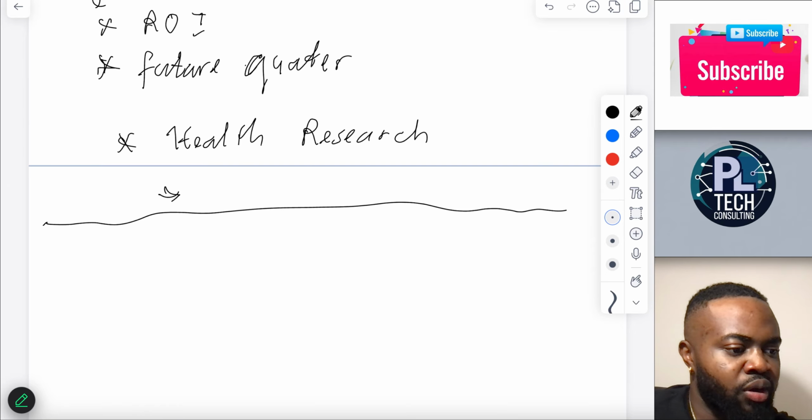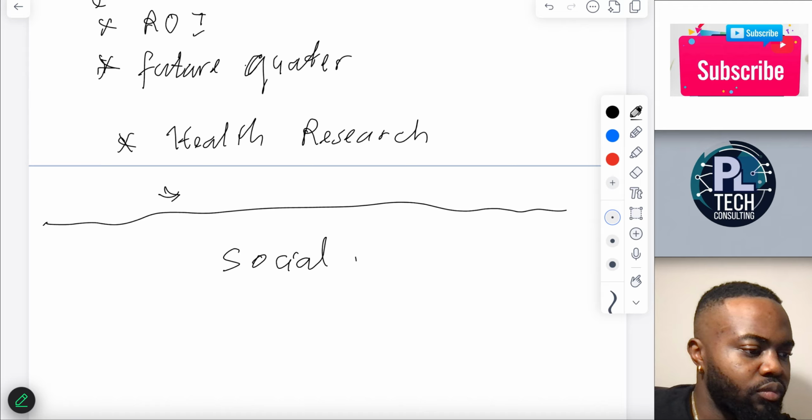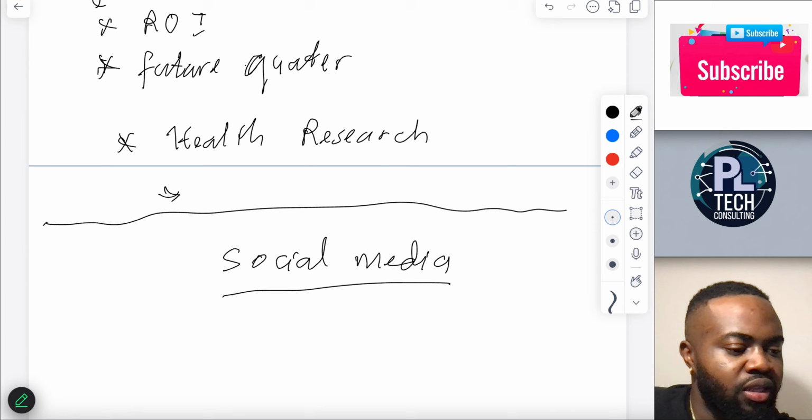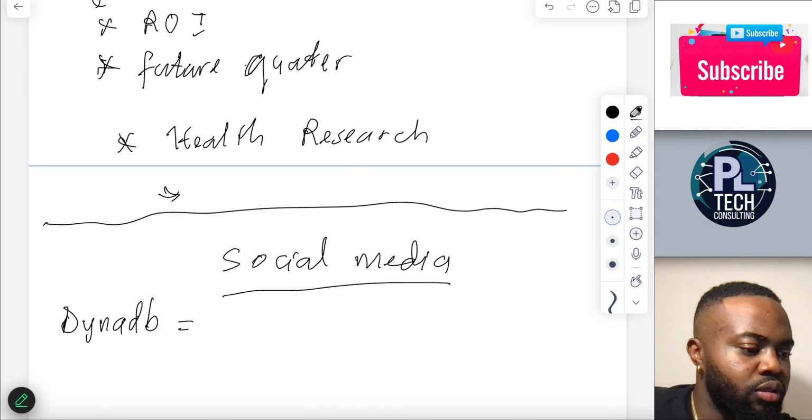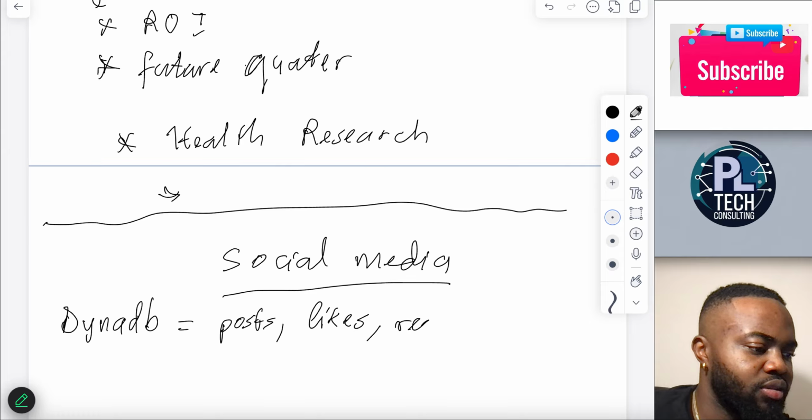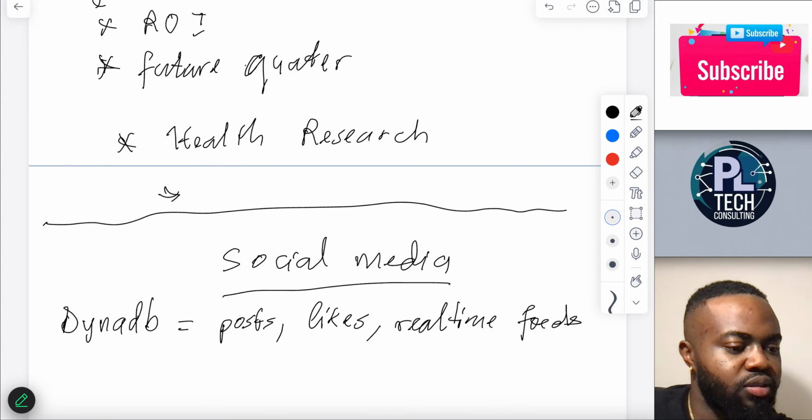A good example, I'll use maybe social media, for instance. In social media, I think that DynamoDB will be good to handle posts, likes, and real-time feeds, based on what we have discussed earlier.